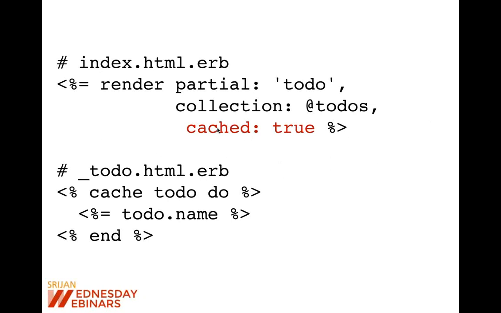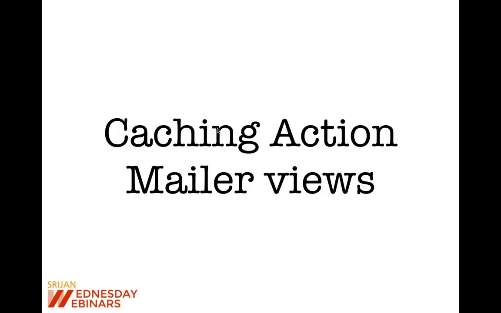It will not fetch each cache individually. It will just do a multi-read to fetch all the caches at once, and this will speed up rendering your partials significantly. So this is a big change which will hopefully affect many apps positively. You just have to add this last argument and it will work out of the box.